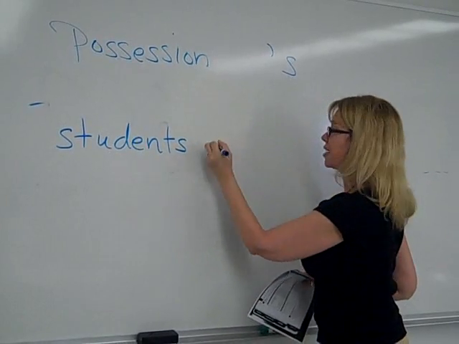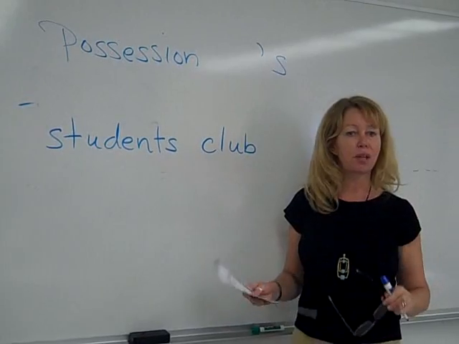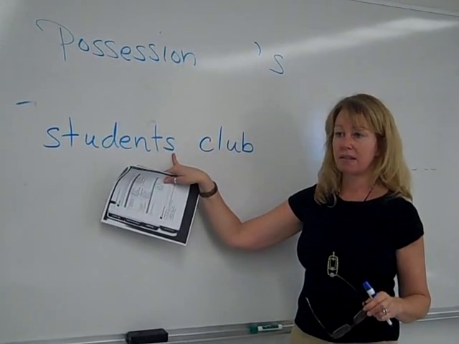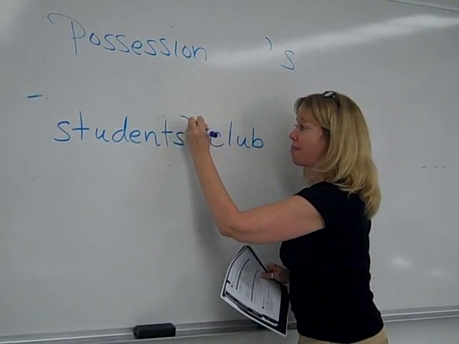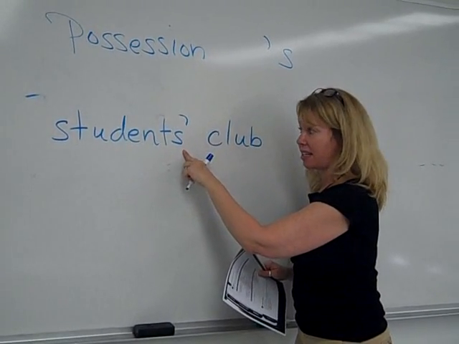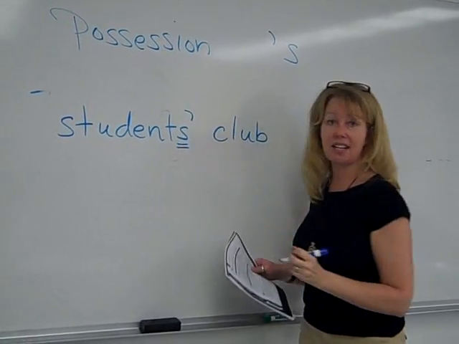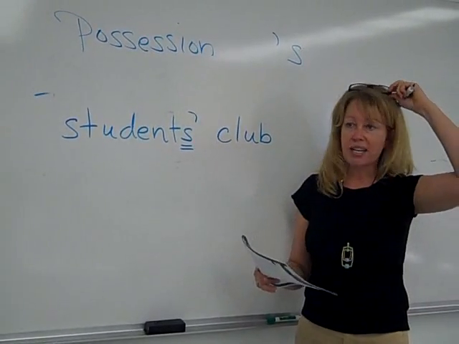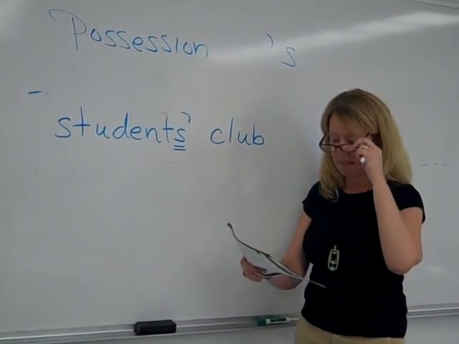The club of the students becomes students' club. What do we do to show possession? We put the apostrophe on the outside. Do we add an S? No, because the word ends in an S. We'll just say students' club.